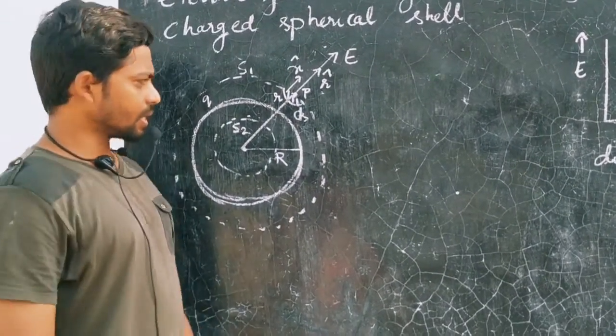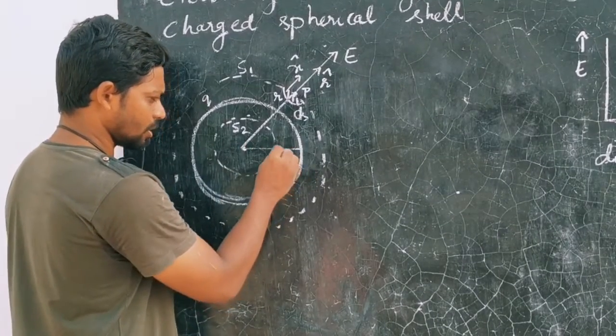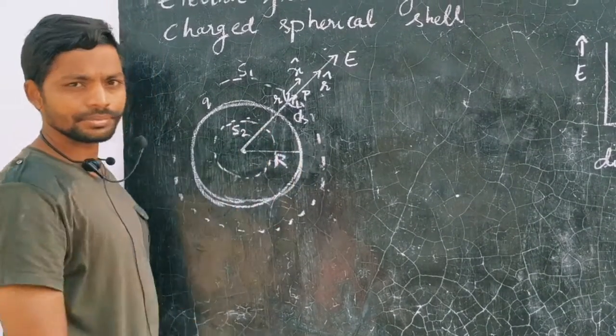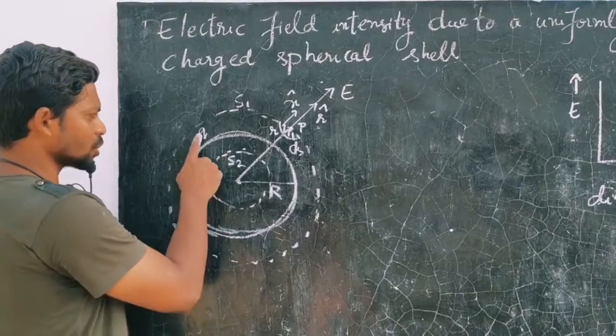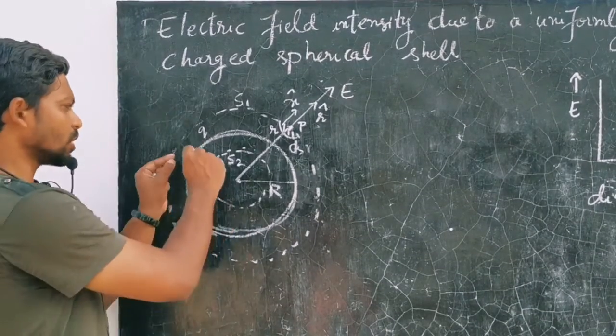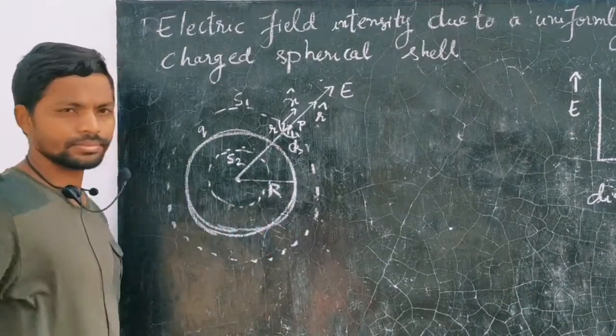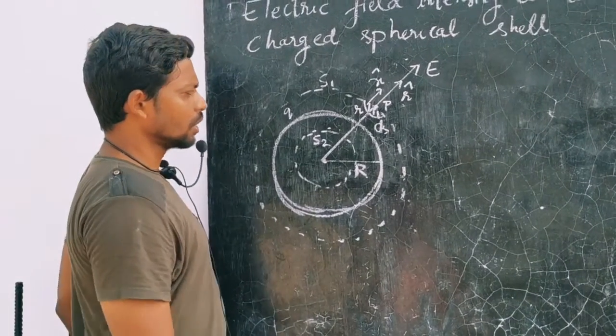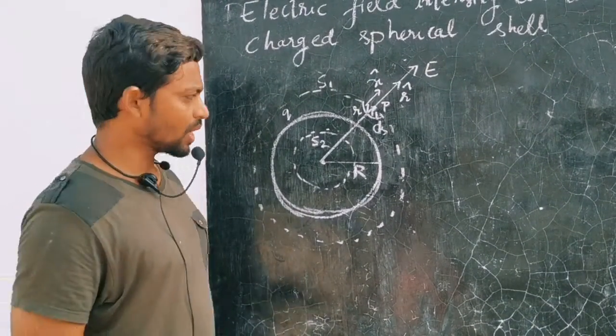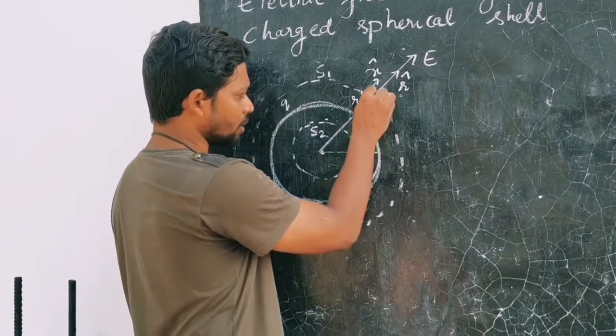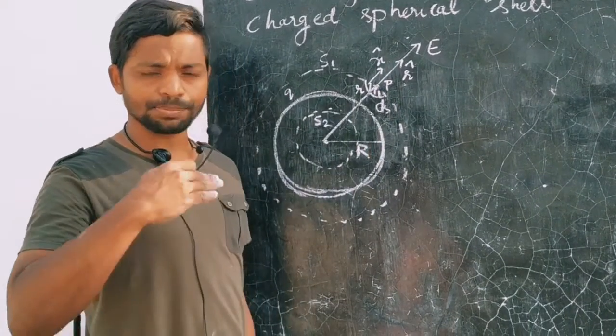Let us say the radius of the sphere is capital R, and we have given a charge Q. We have distributed that Q uniformly over this spherical shell. Now we are interested to know the electric field intensity at this point P outside the spherical shell.